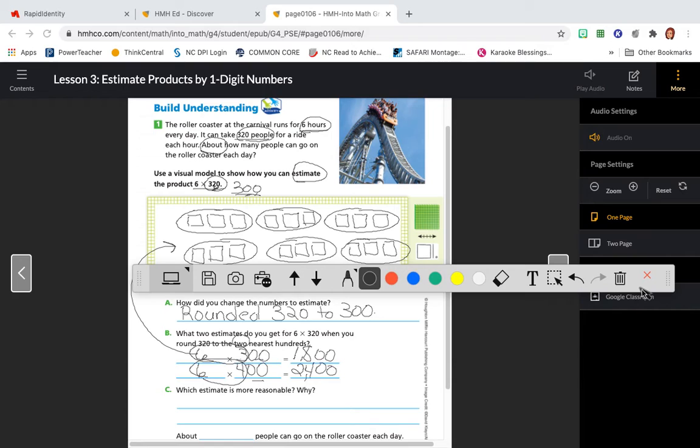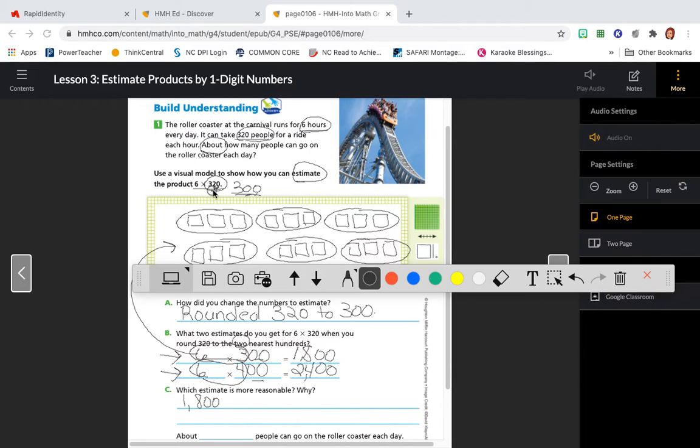So our goal is to try to figure out what 6 times 320 is by estimating. So which one of these choices that we have here is more reasonable? All right, so I would say 1,800. Let me explain why. 1,800.